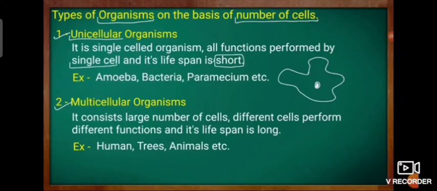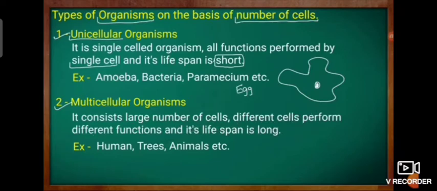Now, coming to the next one, the multicellular organisms. Obviously, it is the opposite. That means organisms having more than one cell inside the body, and more than one cell means they have some modifications and complicated physiological systems inside the body. So, apart from the unicellular, all living organisms including animals, plants and fungi belong to the group of multicellular organisms.